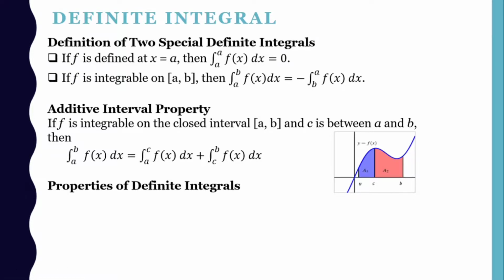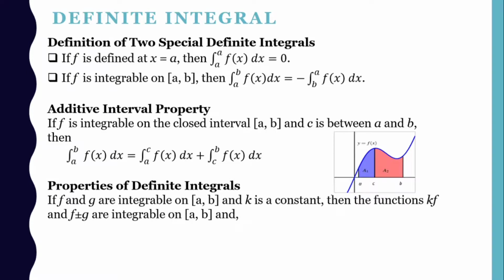Next, we have the properties of definite integrals. Take note, if f and g are integrable functions on the given interval a to b, and k is a constant, then the functions k times f and f plus or minus g are integrable on the given interval a to b.